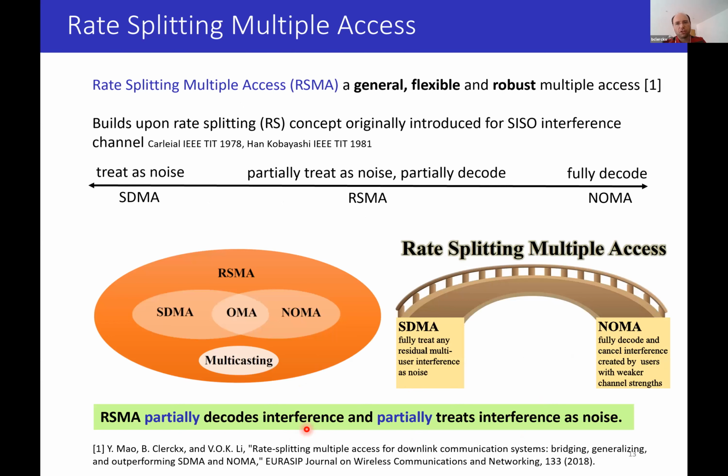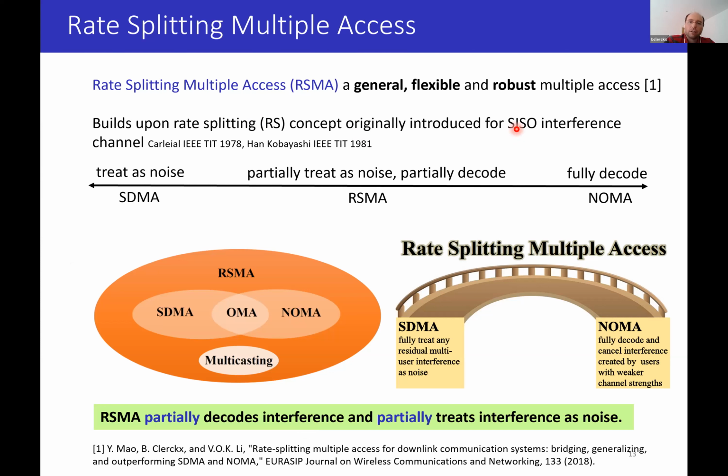Right, so this is a general, and I will show you why it's general, flexible and robust multiple access strategy that builds upon the concept of rate splitting that was originally invented by Carleial in 1978 and used in a specific scenario, which is the single antenna interference channel.